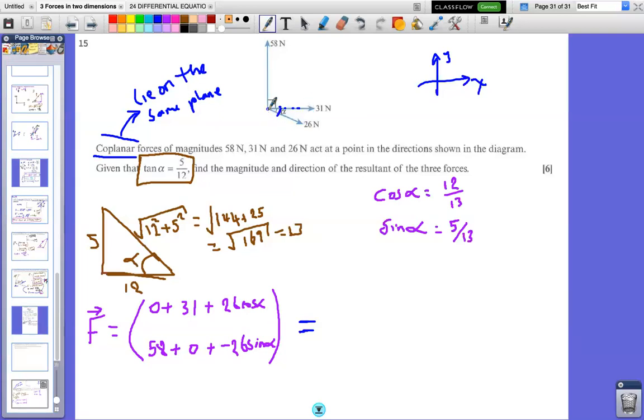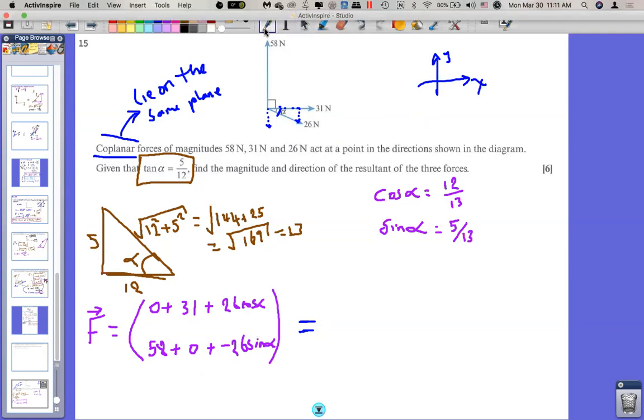And the component that is perpendicular to it is that force times sine of alpha, right? Once you sum this, it's done.